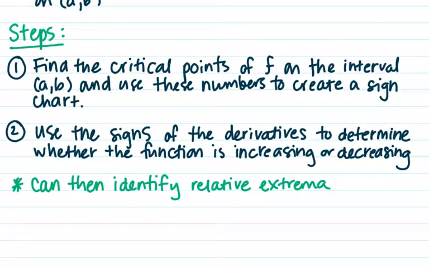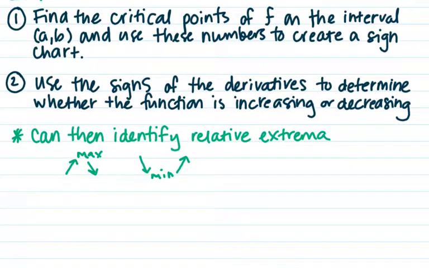Once we find these areas of increase and decrease, we can then determine if each critical value is a maximum or a minimum or neither. So just as a reminder, a maximum would be when we have increase and then decrease. And a minimum would be when it switches from decreasing to increasing. Okay, so you'll see that is a common follow-up question you'll get with this test.